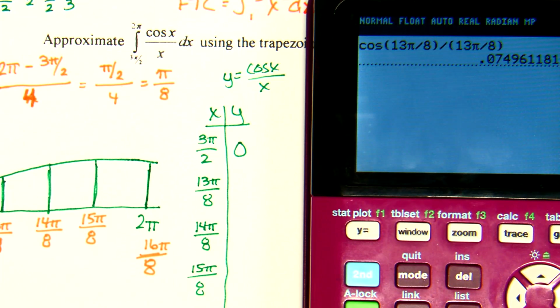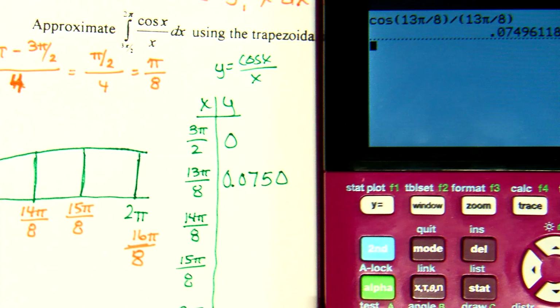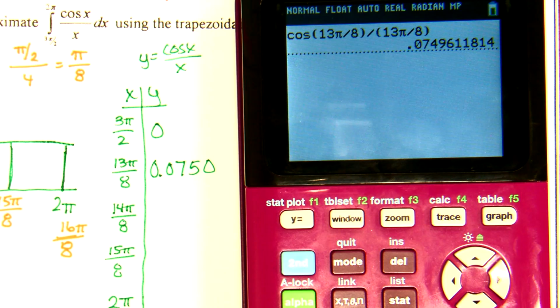Now, if I want to be lazy and don't want to retype all that into my calculator, I'm going to go up and copy. And then my 13s, I'm going to change to 14s. 0.1286. I'm going to copy and paste again.